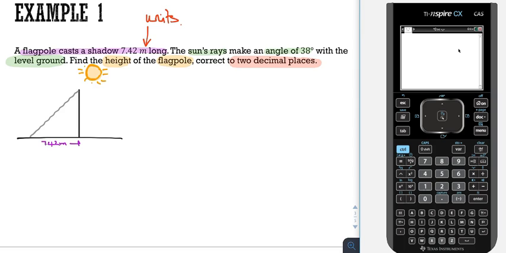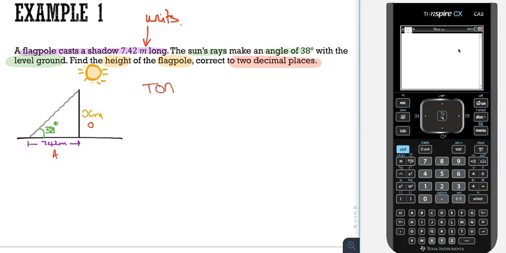7.42 is the length of the shadow, so that's from the bottom of the flagpole to the end of the shadow. And then the angle of 38 degrees with the level ground: the ground and then up on my imaginary line that heads to the top of my flagpole is 38 degrees. Label the sides of my triangle.